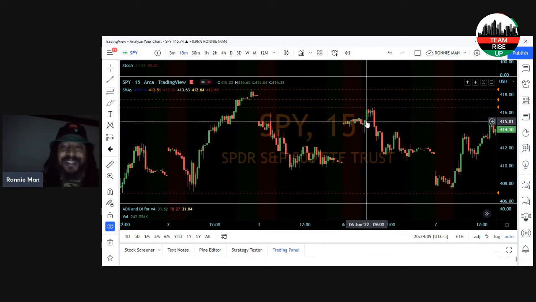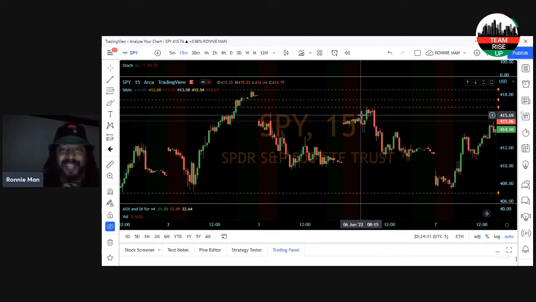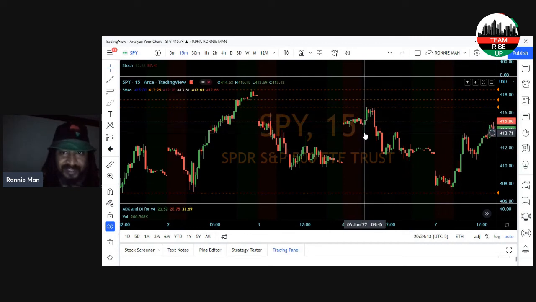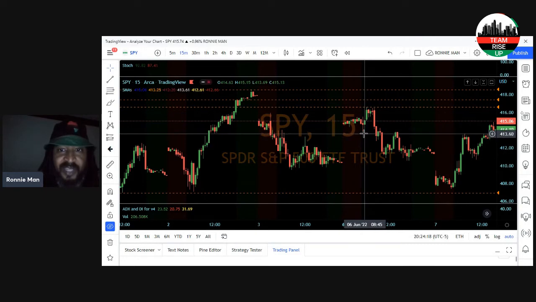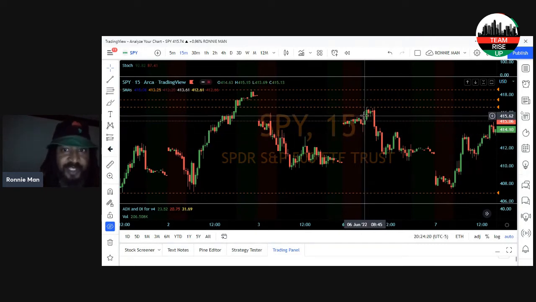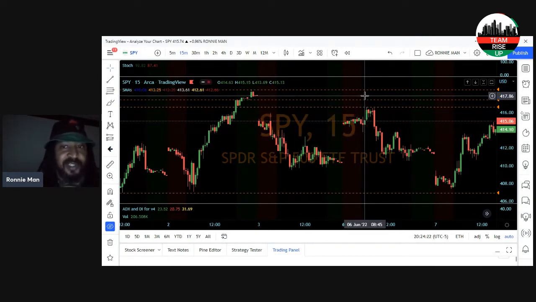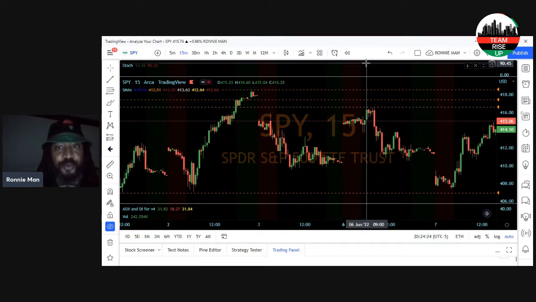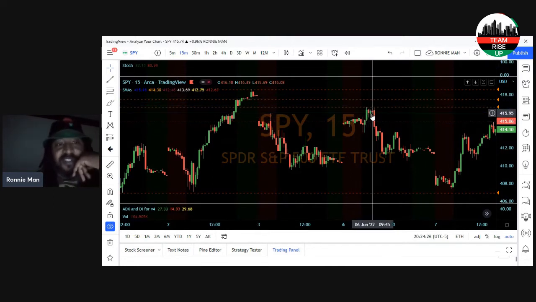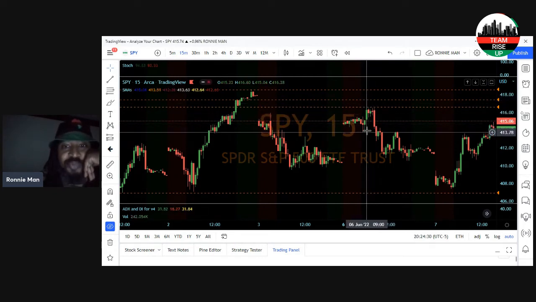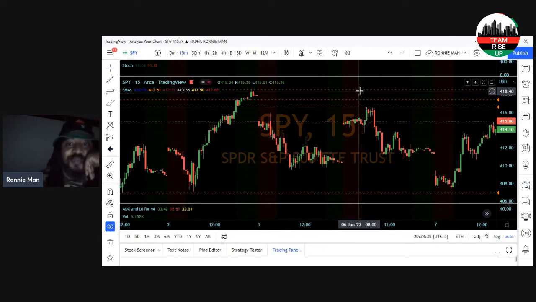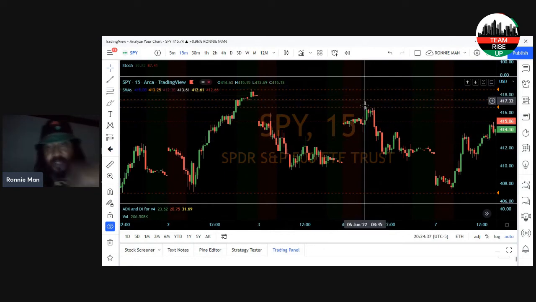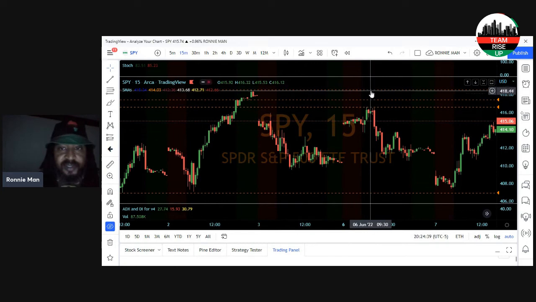And I see this type of candle right here. It's not a wide-ranging bar. It's not showing me that buyers are really stepping in and trying to push price through. Because when you've got a lot of resistance up there, you're going to need a powerful, wide-ranging bar to come through and push price through this resistance.